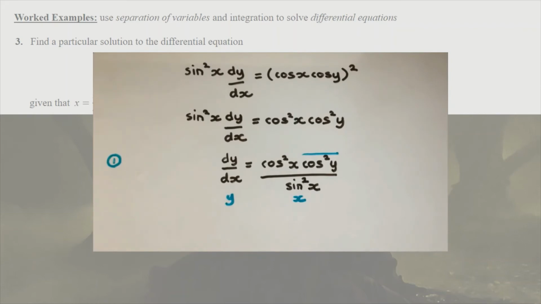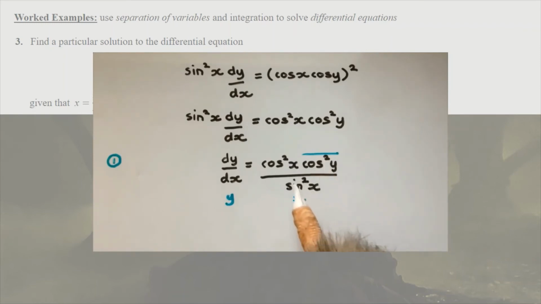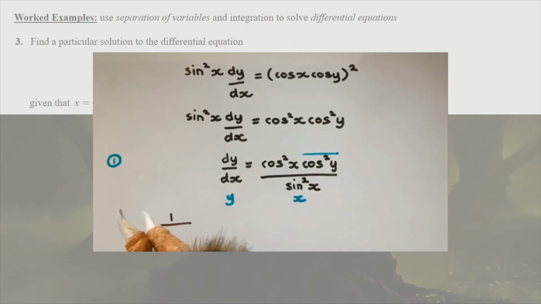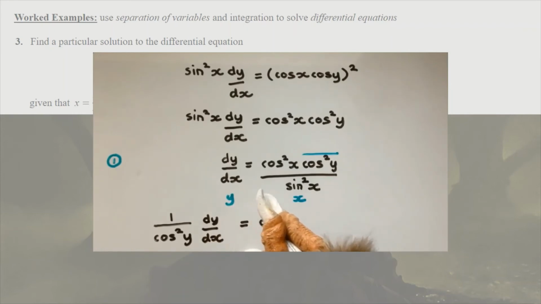So with a bit of manipulation, let's work on the y stuff first. I need to remove this cos squared y from the right hand side. So if I divide by cos squared y, that will do it. So this will give me 1 over cos squared y dy by dx will equal cos squared x over sine squared x.